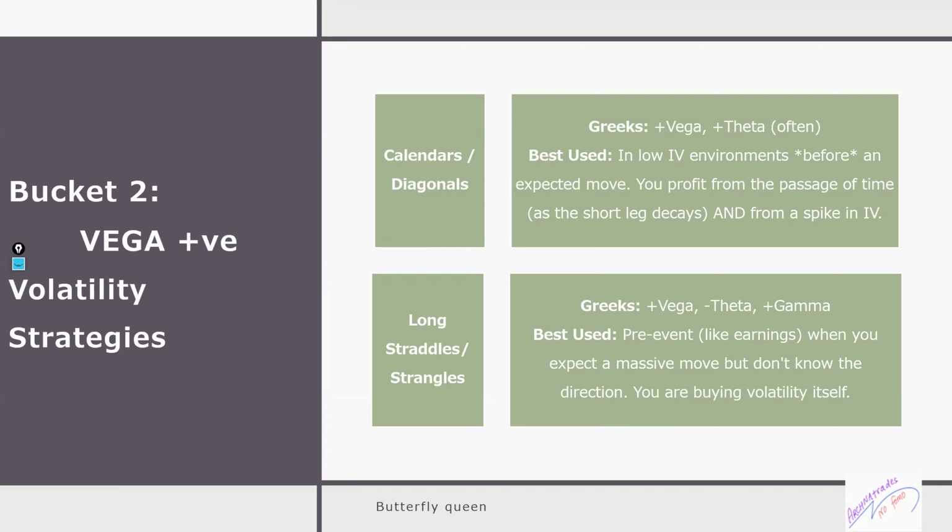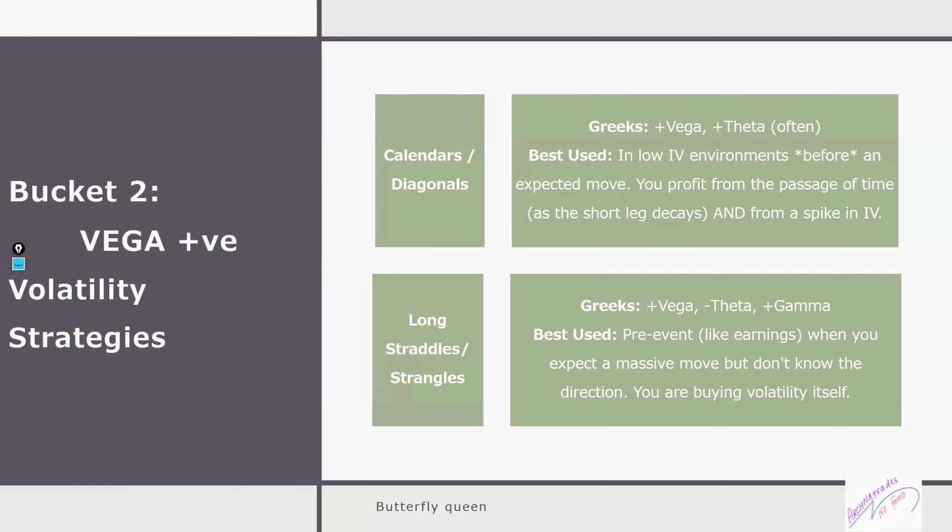You can bet on one part of the bell curve by doing different strategies. So calendars take advantage of time. It's mostly theta positive and positive Vega.